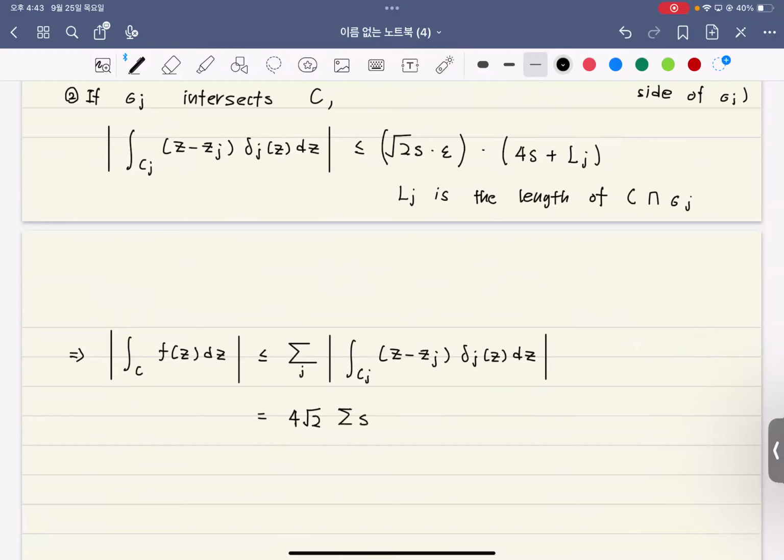Sigma of s squared plus, here I have the same 4 sigma squared times epsilon, and this guy just carries over.